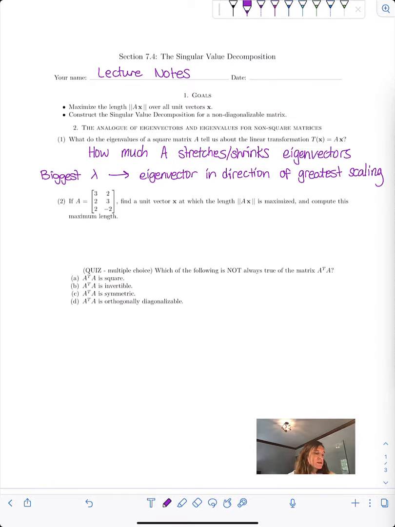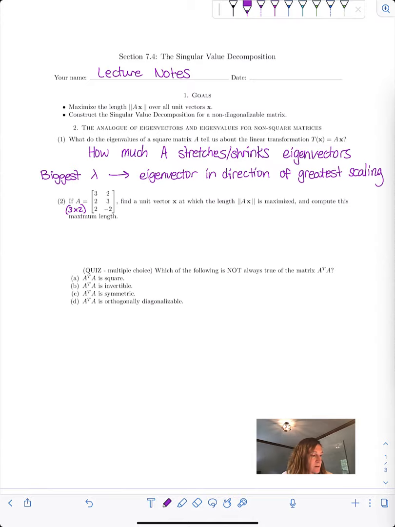Let A be a given matrix. In this case, it's a 3x2 matrix, 3 rows and 2 columns. So we already know it's not diagonalizable, so we can't do our typical process to it because it's not even a square matrix. Our first step in this process is to find a unit vector.